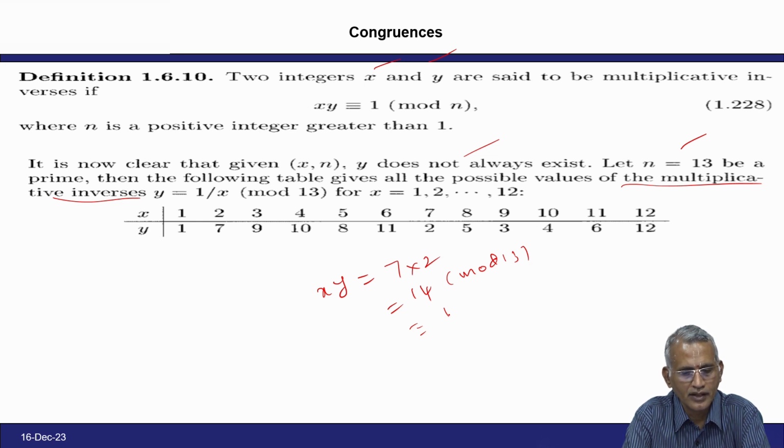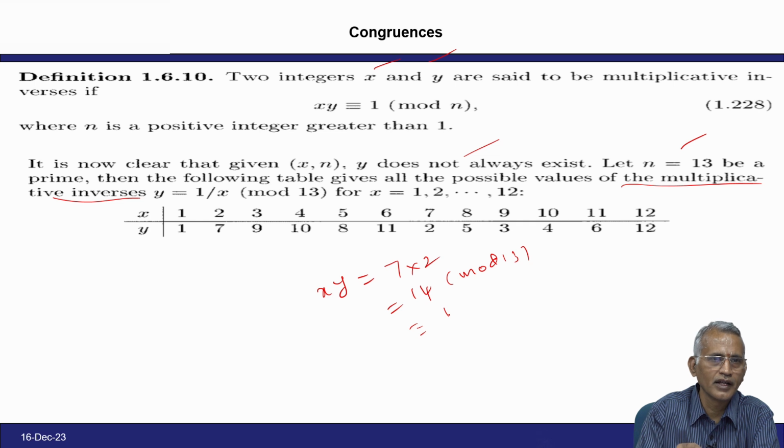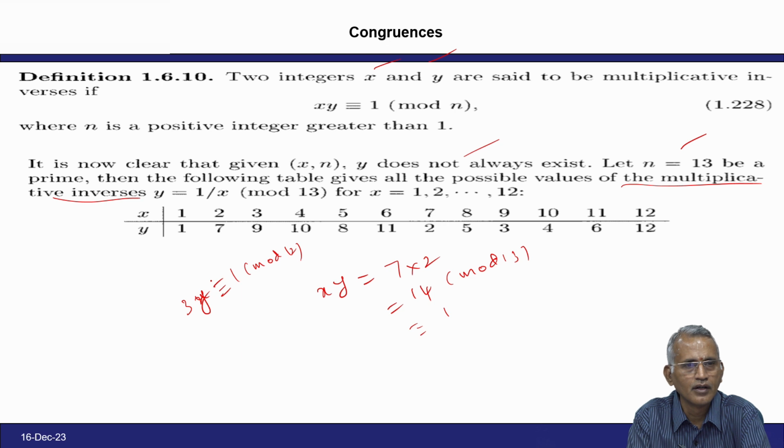Suppose you take x equal to 3. So, 3y is identically equal to 1 under modulo 12. What value of y do you substitute so that the value becomes 1? For example, you start with y equal to 1, 2, 3 and so on. If you take the number 9.